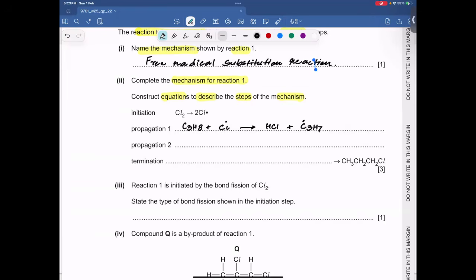Now in propagation 2, propyl free radical again reacts with chlorine molecule and converts into chloropropane, and chlorine radical is formed.